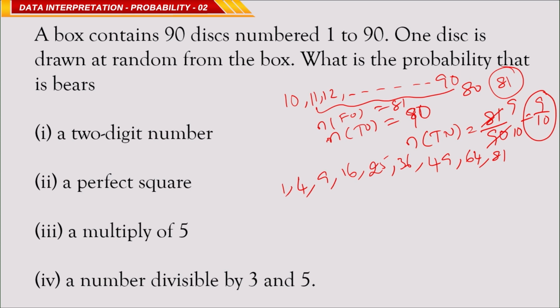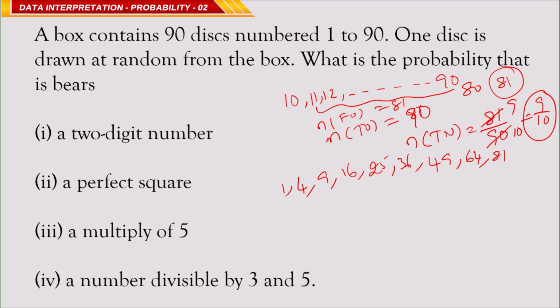That means 1, 2, 3, 4, 5, 6, 7, 8, 9. There are 9 perfect squares here.